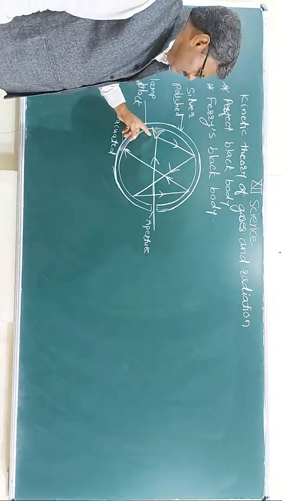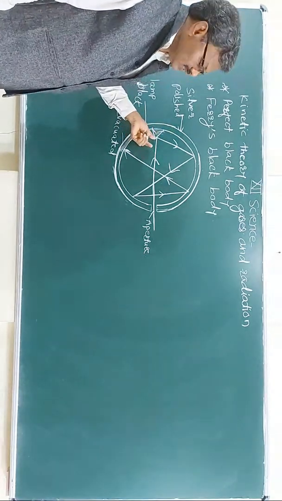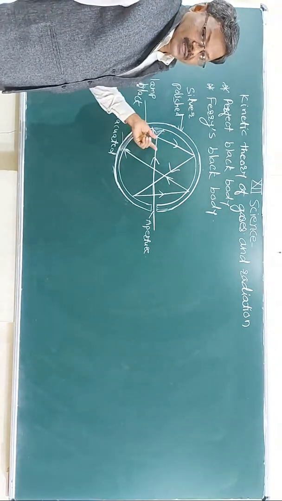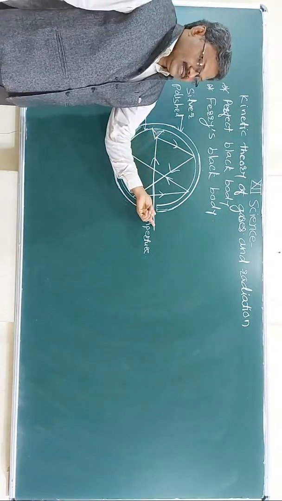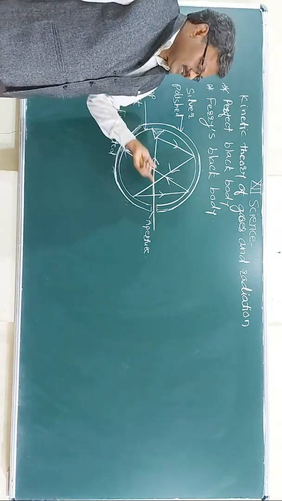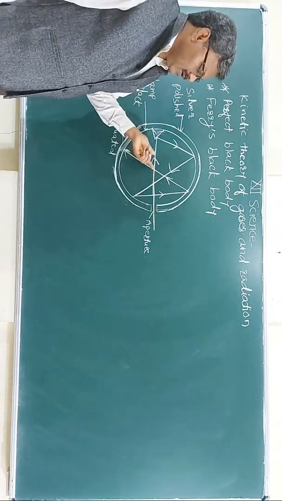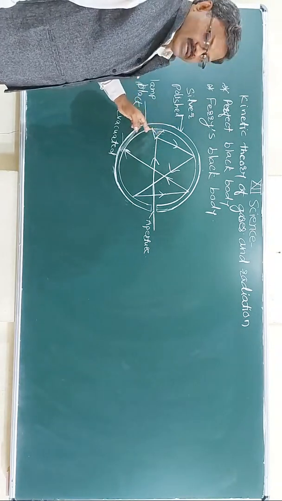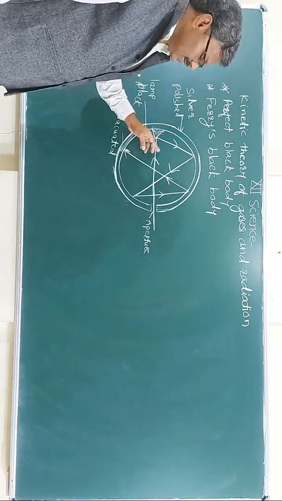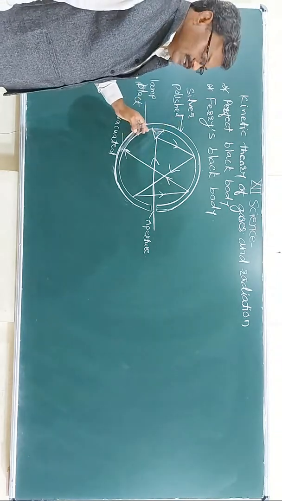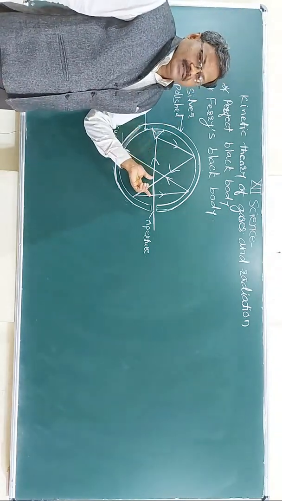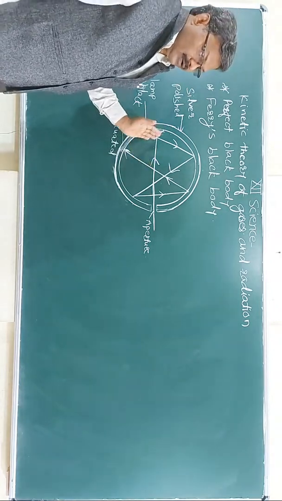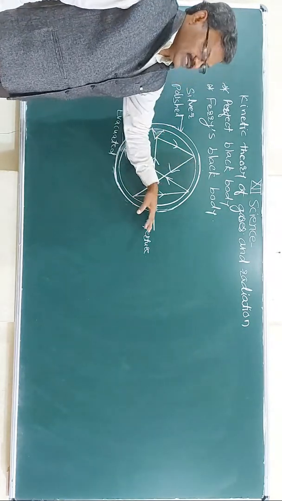This conical projection ensures that the rays coming along the axis of the aperture are not normally incident on the inner surface, so these rays do not return through the aperture.